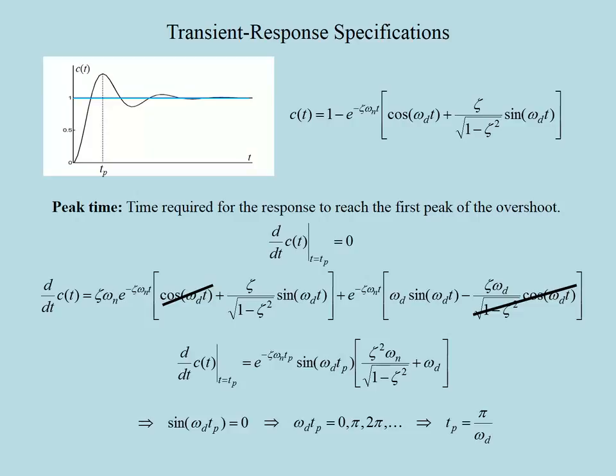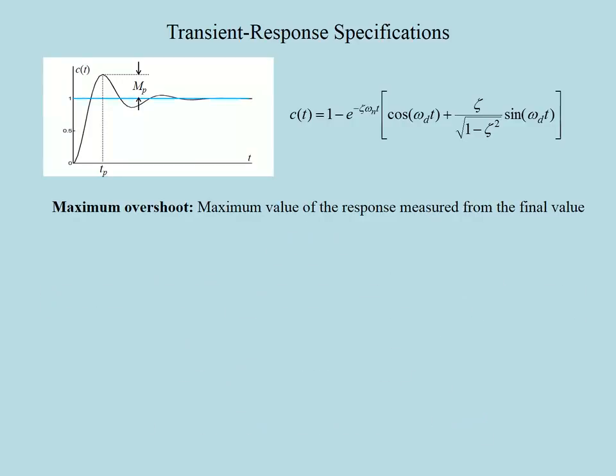Like the rise time, the peak time too is inversely proportional to omega_d. That means the larger the oscillation frequency, the faster will be the first peak reached. To find the maximum overshoot, we can subtract the final value, that is 1, from the value of the output at the peak time.